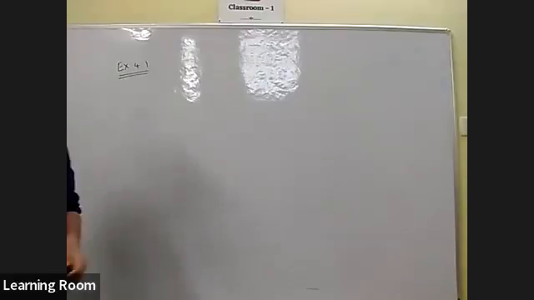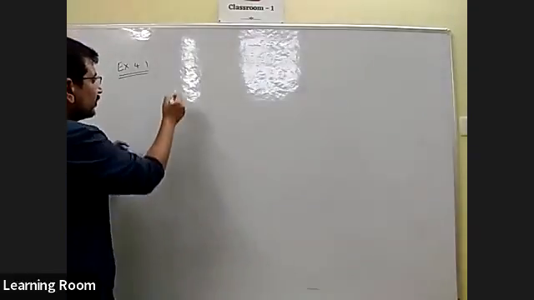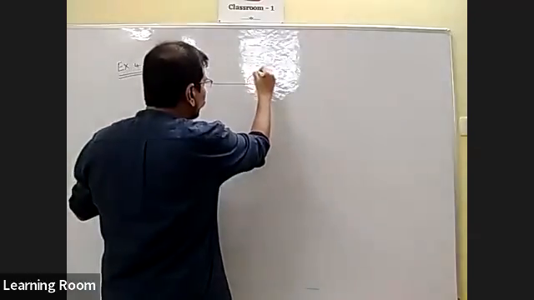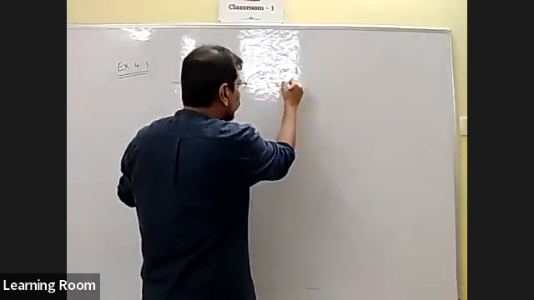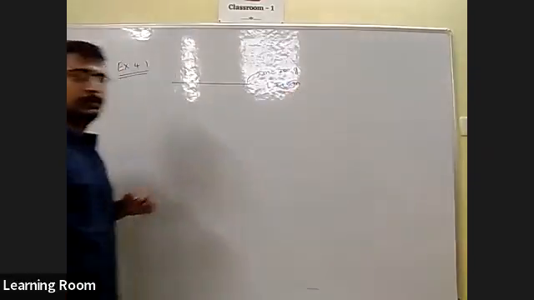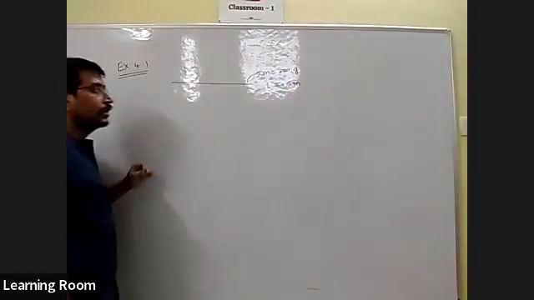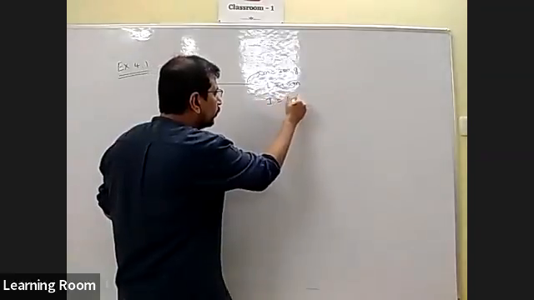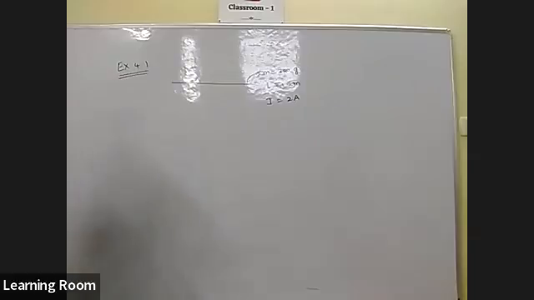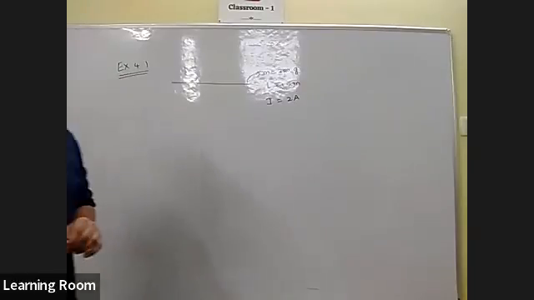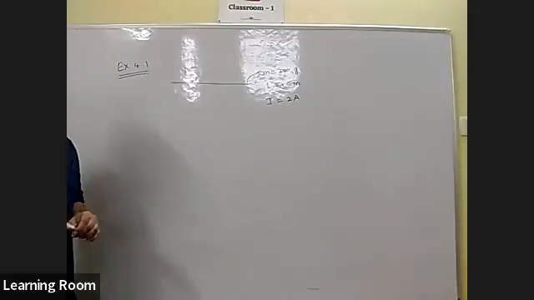A straight wire of mass 200 grams and length 1.5 meter carries a current of 2 ampere. It is suspended in the middle of a uniform horizontal magnetic field. So there is a uniform horizontal magnetic field B that is existing.